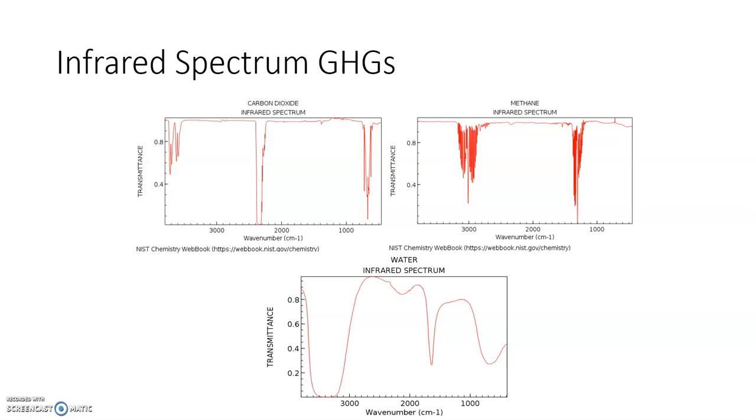I would irradiate a molecule, I would see this ginormous peak, and I'd go, yep, there it is. And so you can see scientifically and spectroscopically that carbon dioxide and methane, and water too, but we're going to talk about water later and how it's different from these other two, are absorbing infrared radiation, and that is heat. They absorb it, they're vibrating, they're rotating, and that is heat energy.